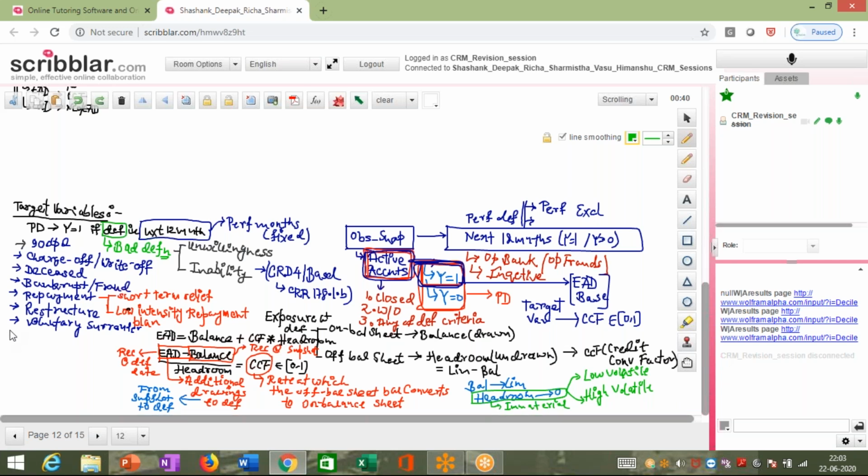So over here, one of the questions that we need to address corresponding to the headroom is that I have the headroom over here.